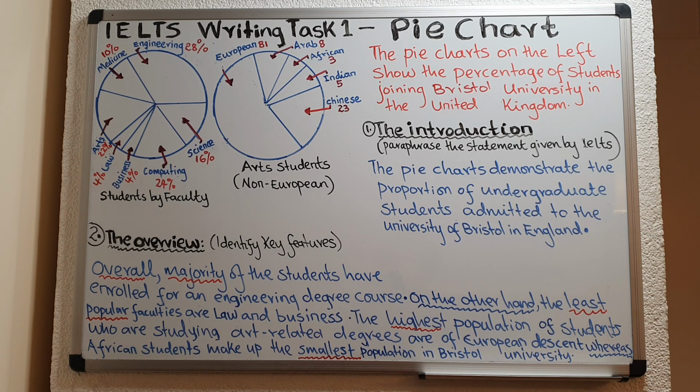So this particular writing task 1 is only meant for the academic students, because the general training students, for your writing task 1, you are only expected to write a letter.